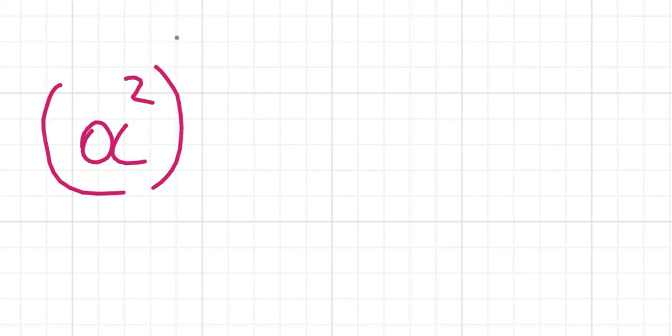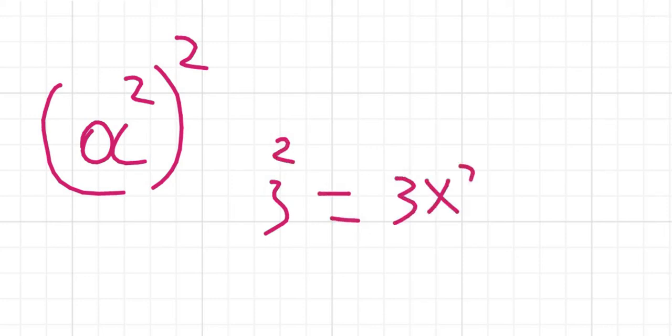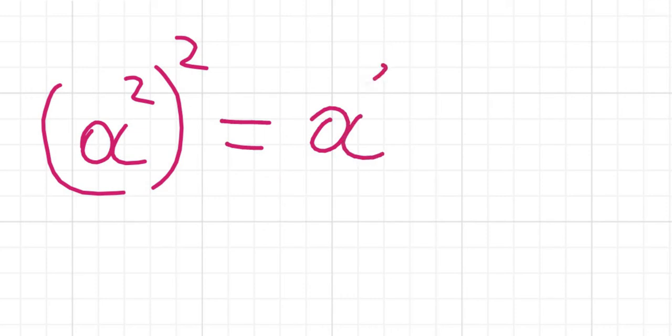Let's say I have a raised to the second power, raised to 2. If we go back to when this was introduced to us, 3 raised to 2 is 3 times 3. So what this is saying is I must have a to the 2 times a to the 2.